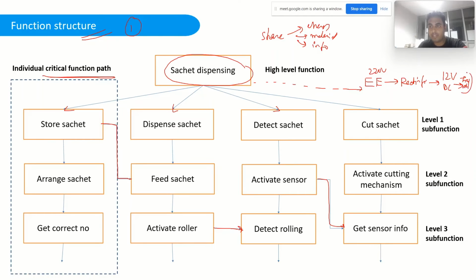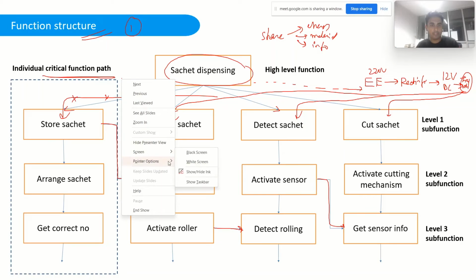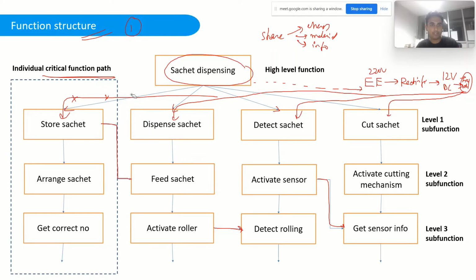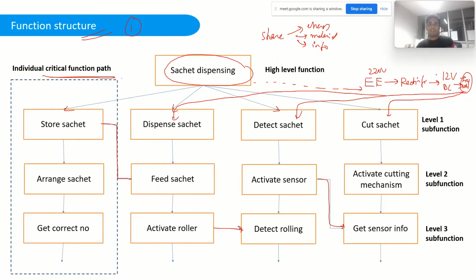This transmit goes to the cutting sachet functional block, the detecting sachet block, and the dispensing sachet block. Storing sachet it will not go to, sorry.